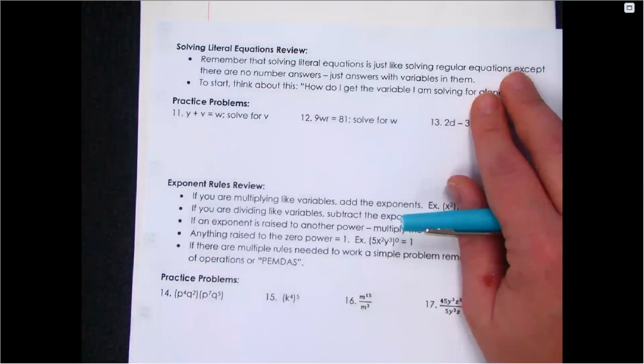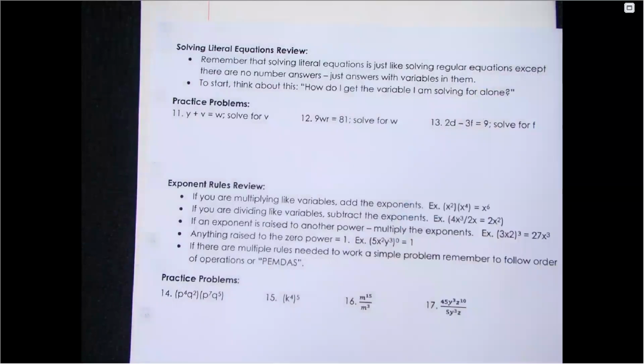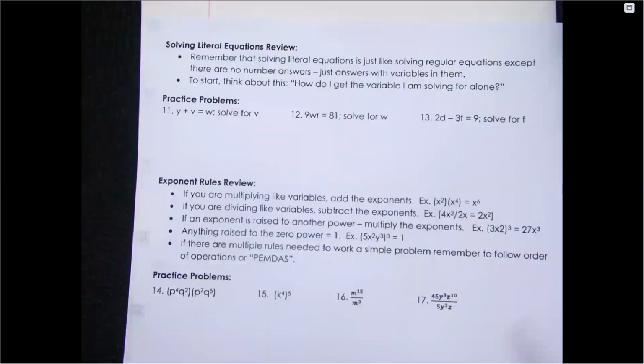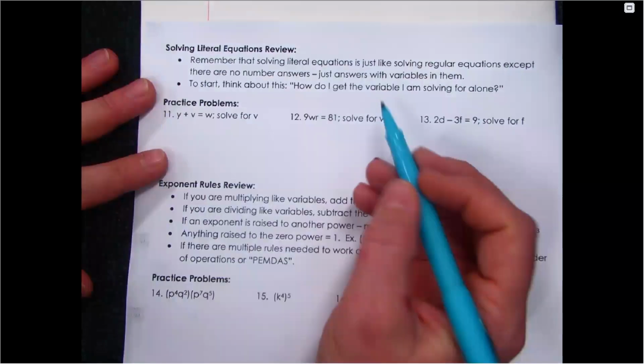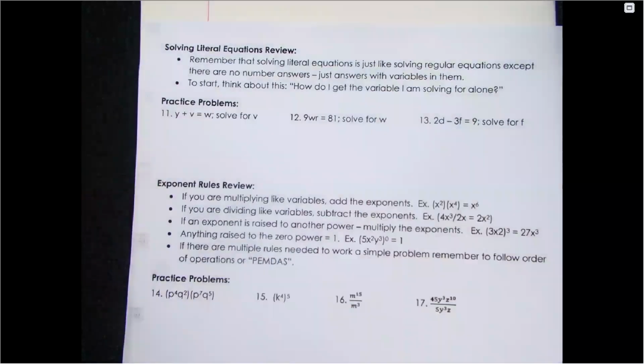There's been a gap in learning, so that's why we're going back over this. It says, remember that solving literal equations is like solving regular equations, except there are no number answers. The answer has variables in it. So there's an answer that's going to be a variable.